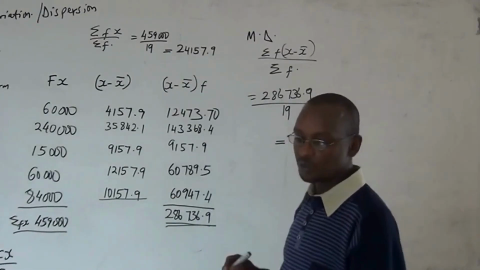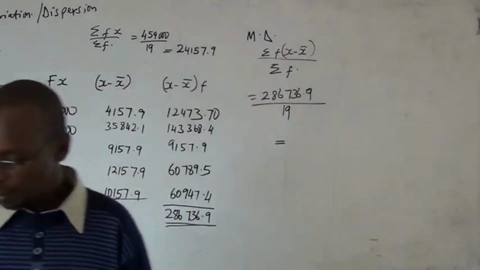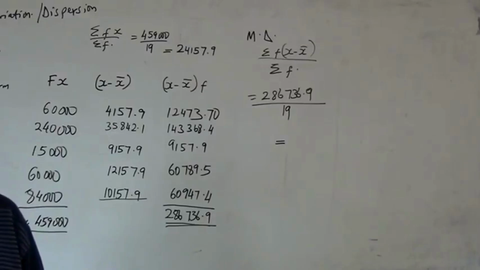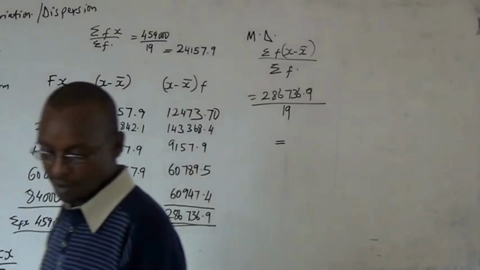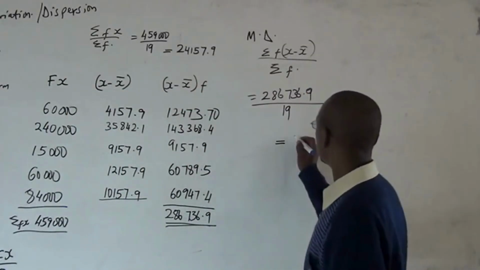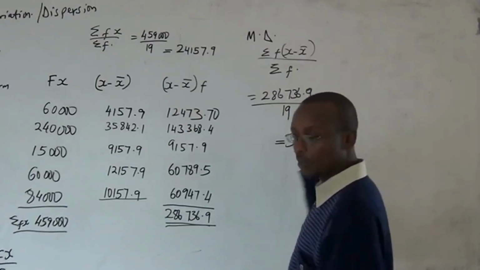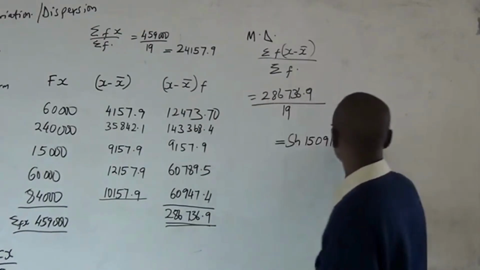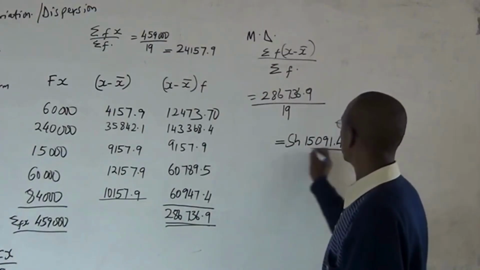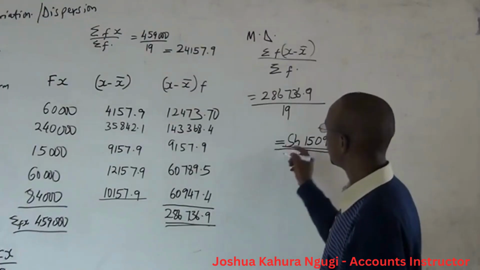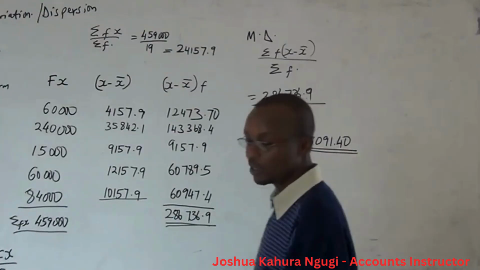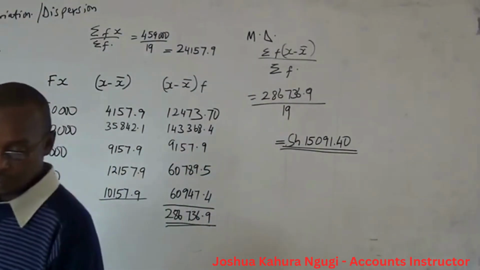Then the answer that you get will be our mean deviation, which is 15,091.4 shillings. You have to indicate whether it is shillings, units, or whatever the measure is. Okay?